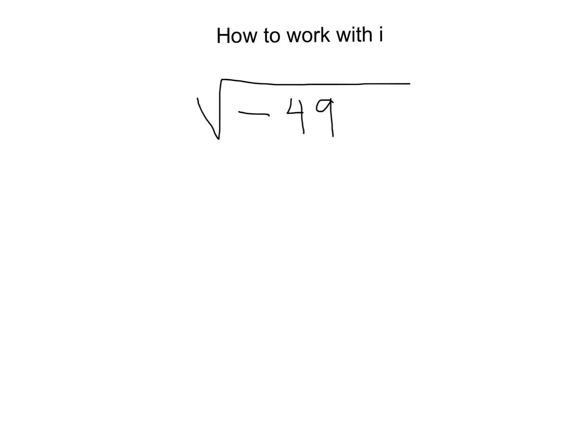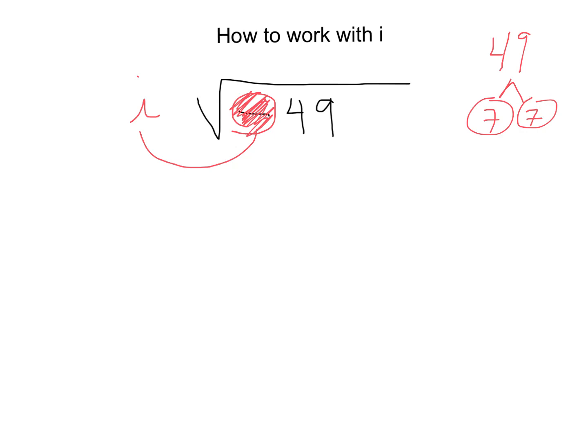Alright, so get another one. Okay, so now the negative kicks out as i right off the bat. I don't change anything, I don't fight anything, it's just automatically i. So let's break down 49 for ourselves. 49 is 7 and 7, and that's as far as it goes.